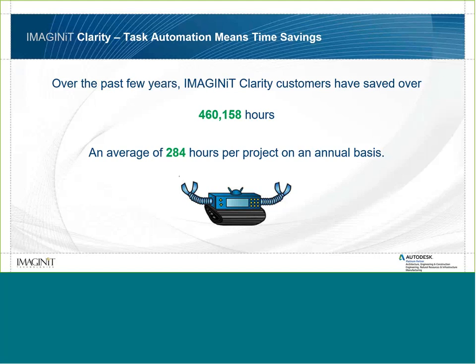That comes out to say that if you have the theoretical project that is 12 months long, you'll be running tasks that account for 284 hours' worth of effort. It's 284 hours' worth of effort that you don't have to do anymore.